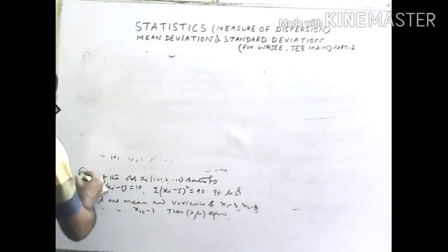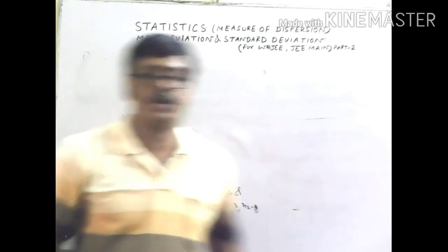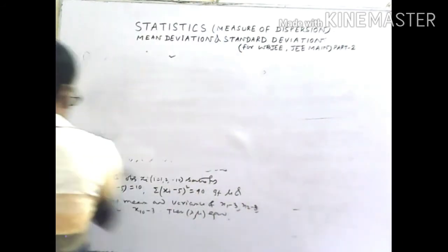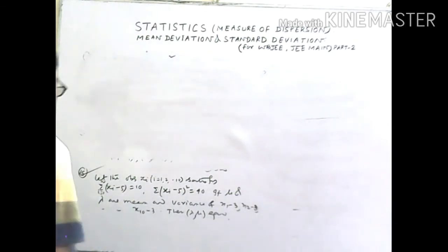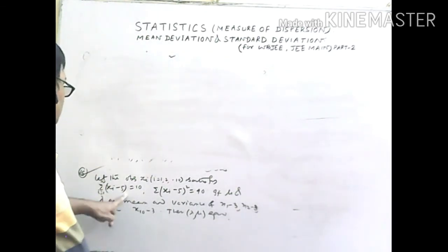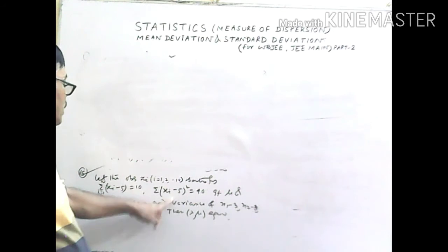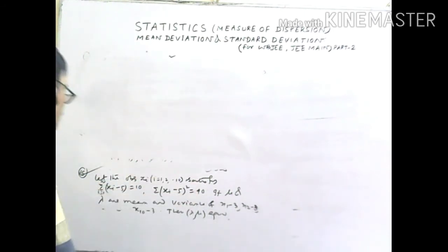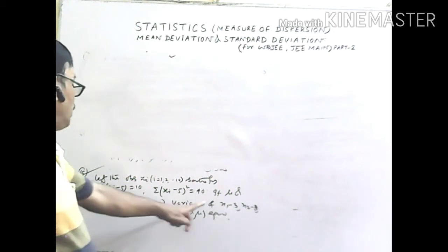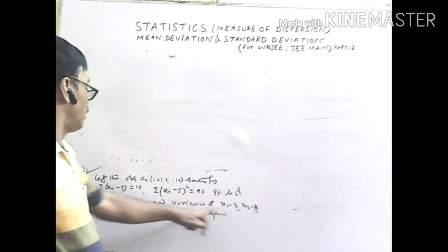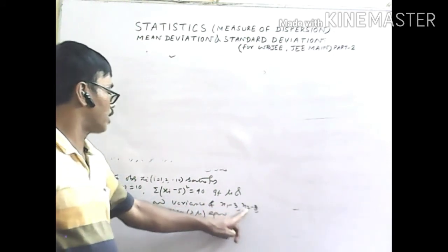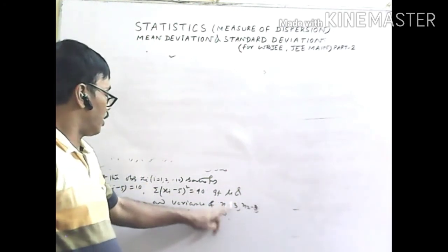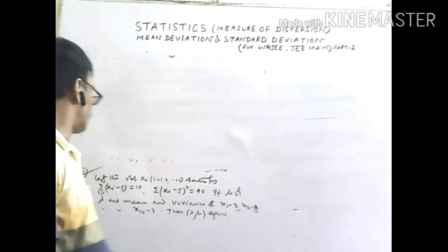Now look at problem number 16. It is a similar problem. It is given in two-stage form. Summation xi minus 5 equals 10. Summation xi minus 5 whole square is 40. Mu and lambda are the mean and variance with respect to xi minus 3, that is x1 minus 3, x2 minus 3.